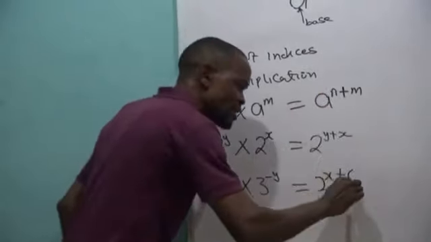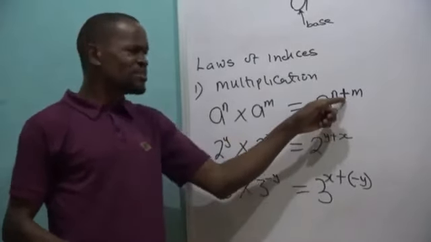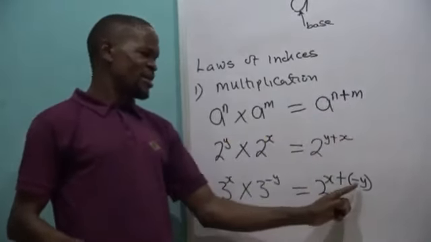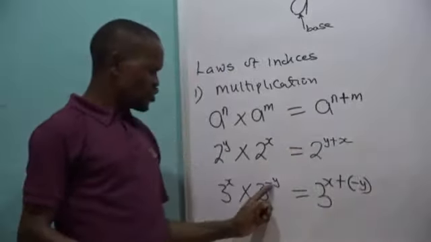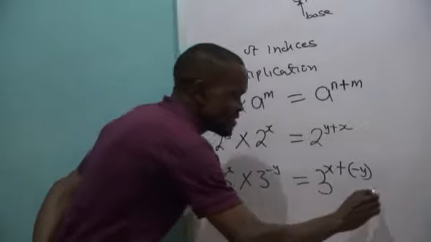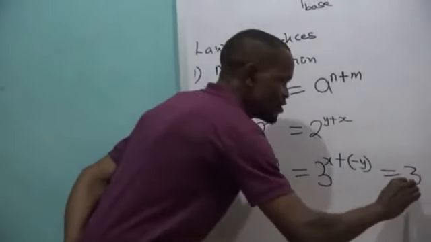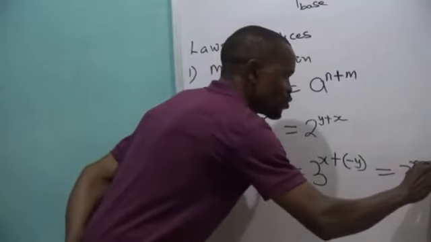What happened? This one has turned to minus y, but it doesn't concern the base. The base is a constant. What is going to appear? Minus y in this case. Then this is the same thing as 3 raised to power x minus y.